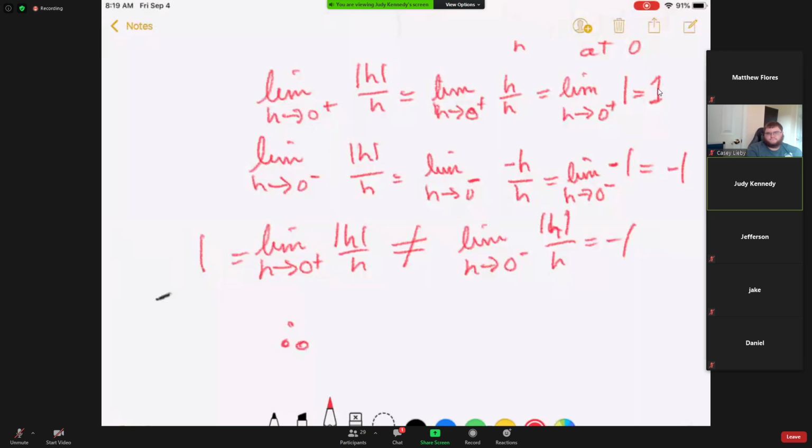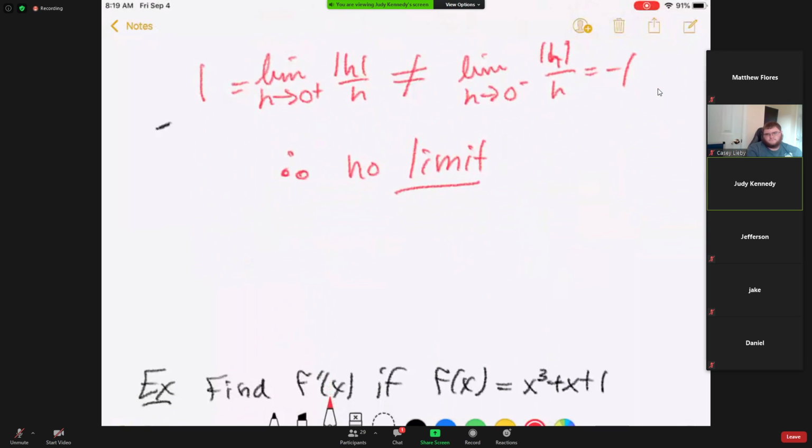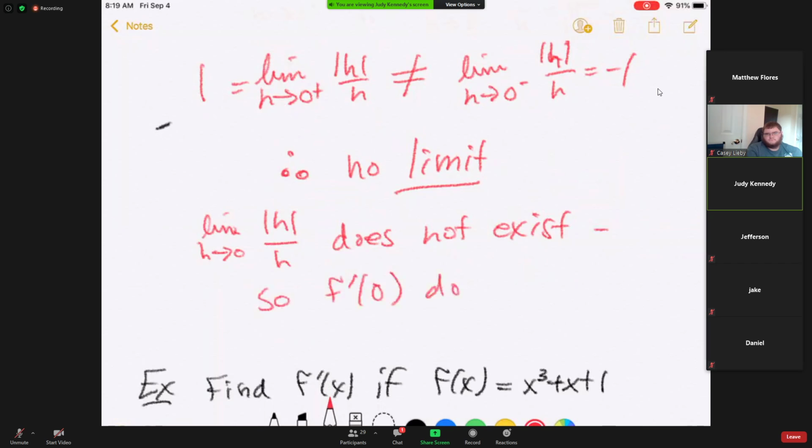The three dots mean therefore. And the limit as h approaches 0 of the absolute value of h over h does not exist. So f prime of 0 does not exist. There is no derivative at 0.